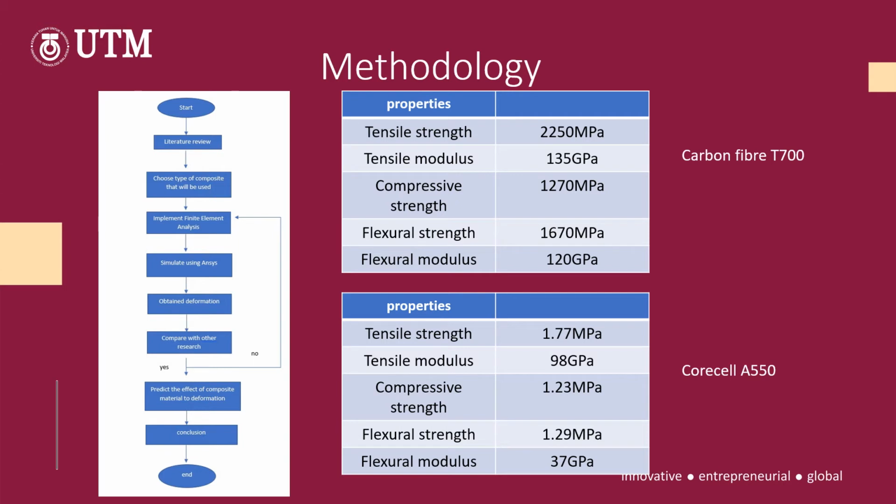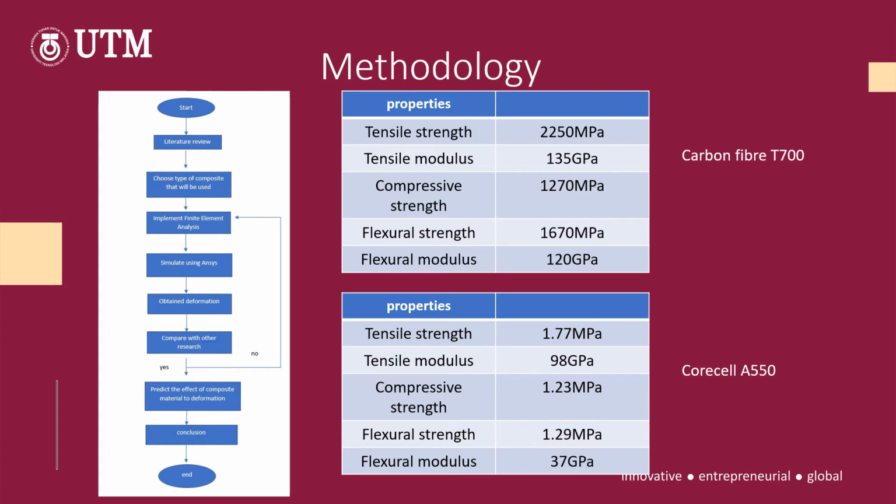Both composites will have the dimension of 76 mm by 76 mm with 1 mm of thickness. The sandwich plate is made of carbon fiber T700 as the top and bottom panel with core cell A550, while the laminated composite is only made of carbon fiber T700.